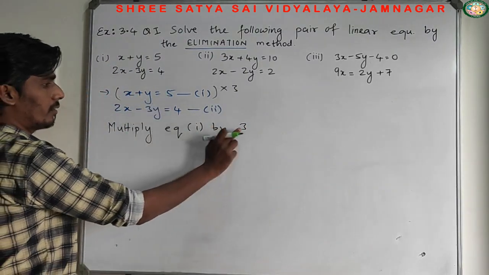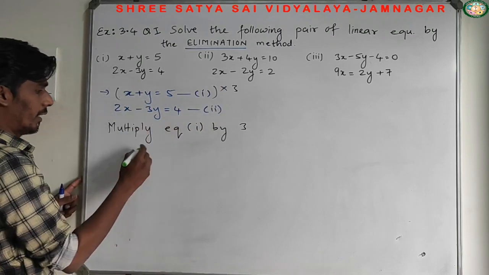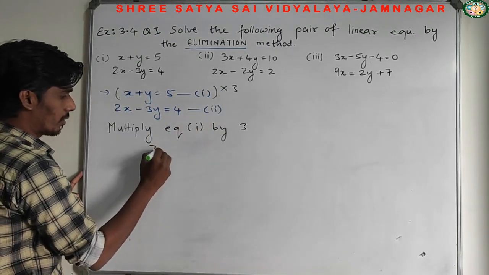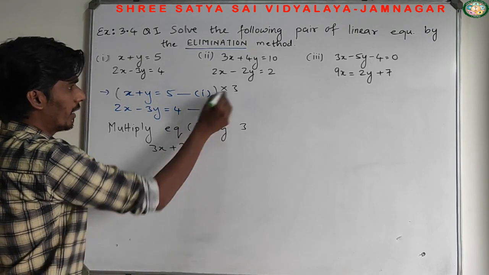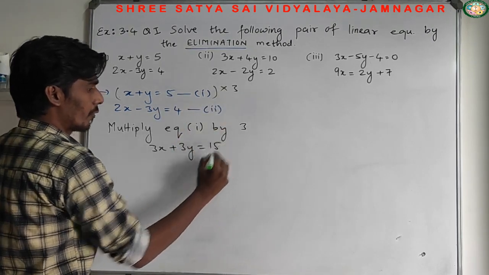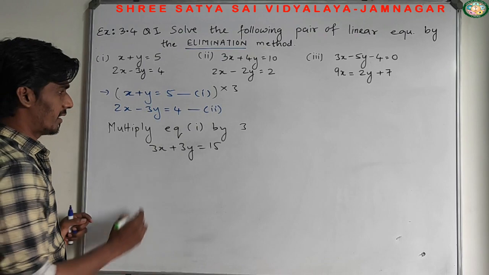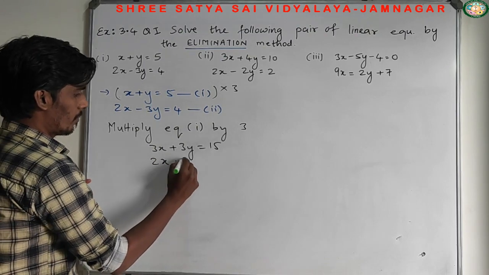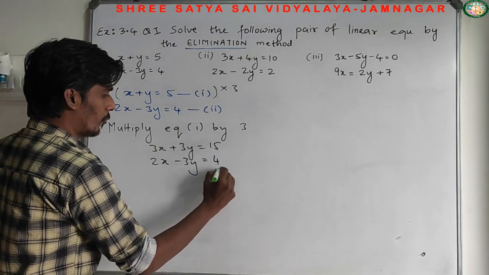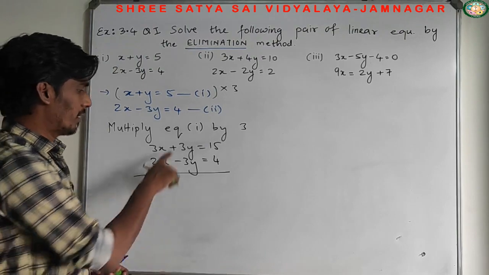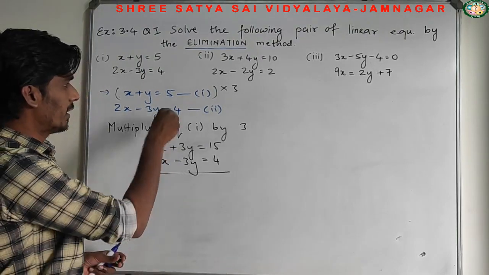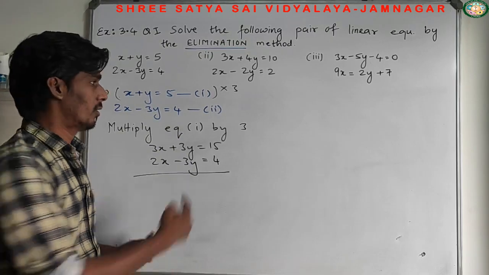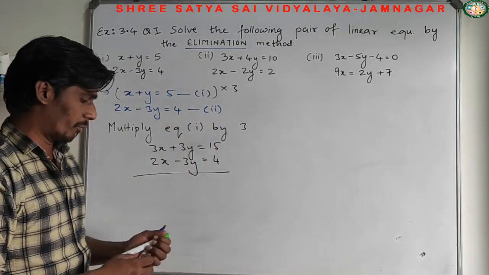Then we have to write 3 into x, 3x, 3 into y, 3y, 3 into 5, 15. Write down the second equation as it is: 2x minus 3y equals 4. हमारा ऑब्जेक्टिव क्या है? कोएफिशिएंट को सेम करना. यहाँ पे दोनों कोएफिशिएंट सेम हो गए, तो जरूरी नहीं है दोनों इक्वेशन को मल्टीप्लाई करना. सो ये I multiply with only one equation.